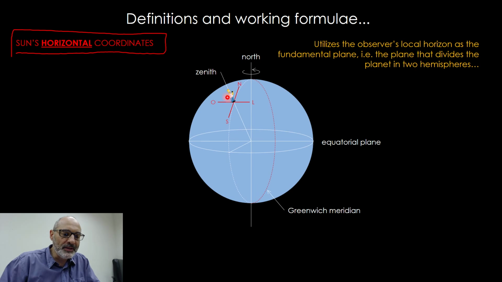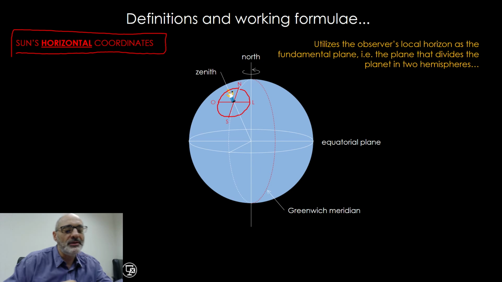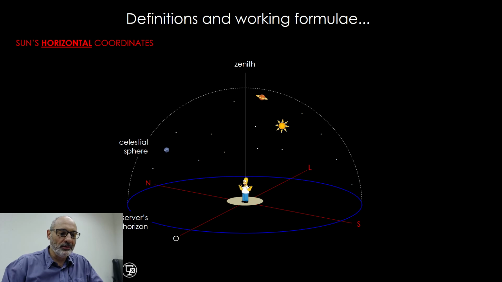This fundamental plane is the plane tangent to the Earth's surface, passing by the observer here: north, south, east, west. So his local horizon would be something here. This is our observer's local horizon, and we're going to build a set of coordinates for the sun in the local system.